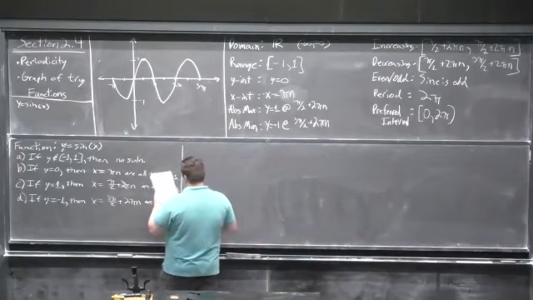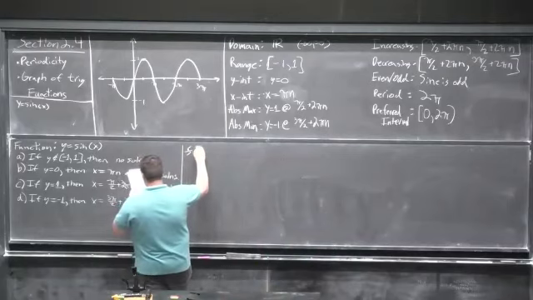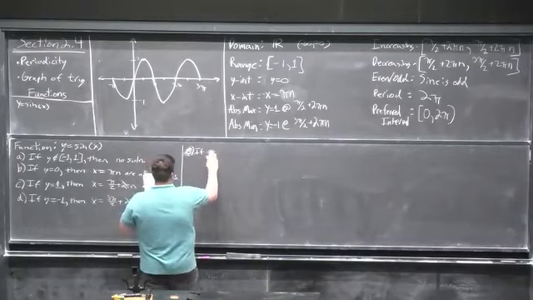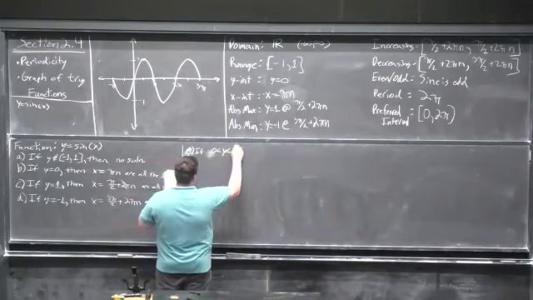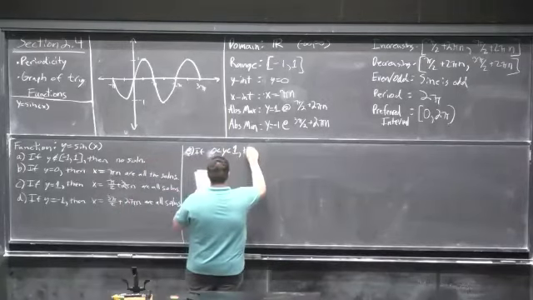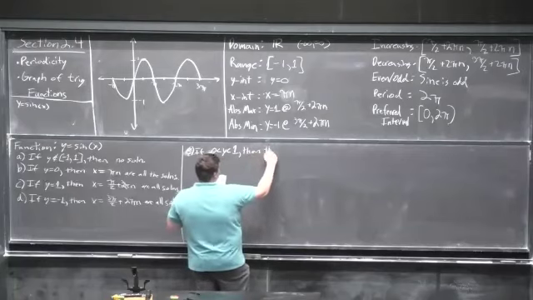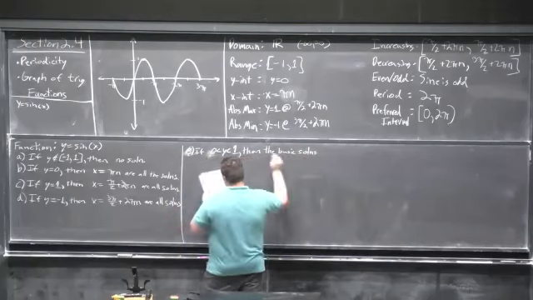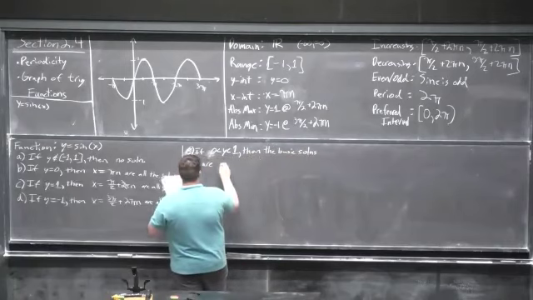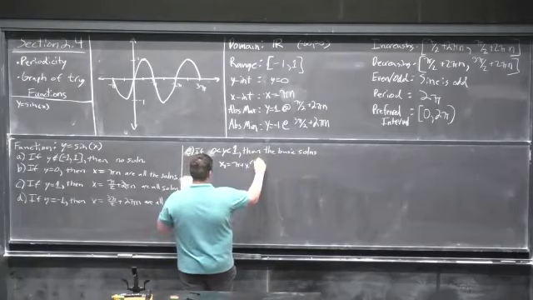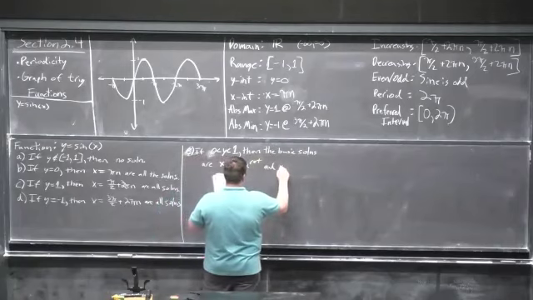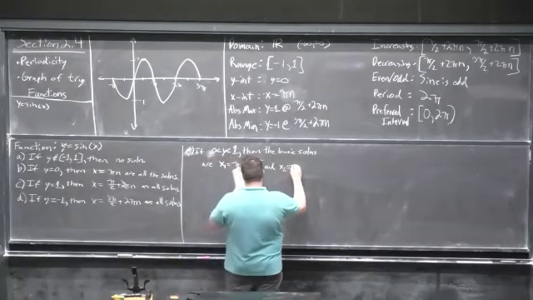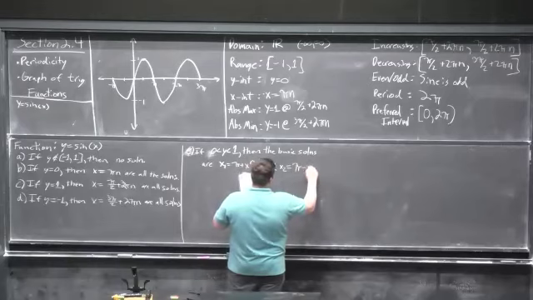So I want to add a few more, and that is if 0 is less than y less than 1, in other words, if y is positive, then the basic solutions are x1 equals pi plus x reference, and x2 equals pi minus x reference.